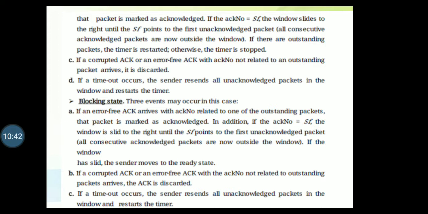If the acknowledgement number equals SF, the window slides to the right until SF points to the first unacknowledged packet. That is, all consecutive acknowledged packets are now outside the window. If there are outstanding packets, the timer is restarted, otherwise the timer is stopped.